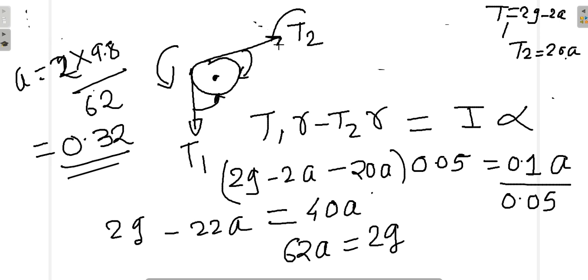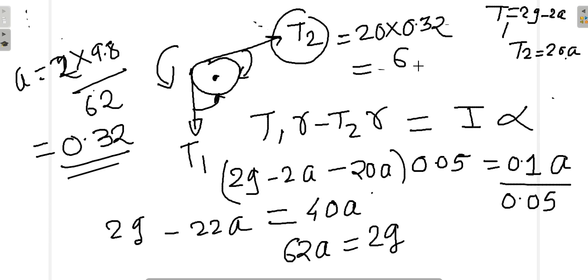And what is T2 asking us? T2 is 20 into 0.32, and that is 6.4 approximately. So the answer is around 6.4, 6.3 newtons.